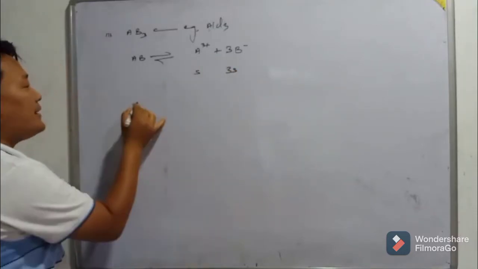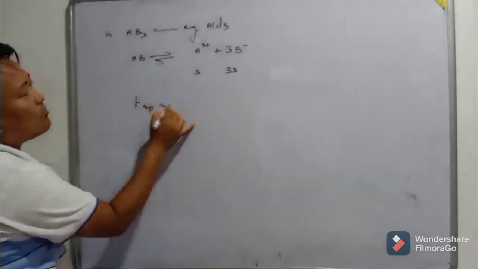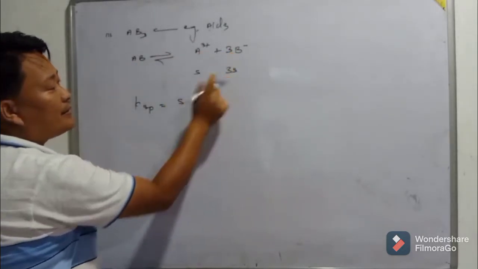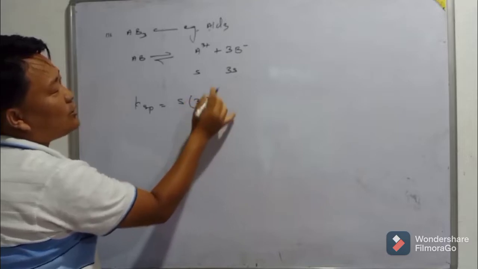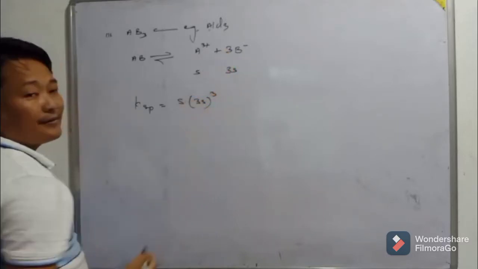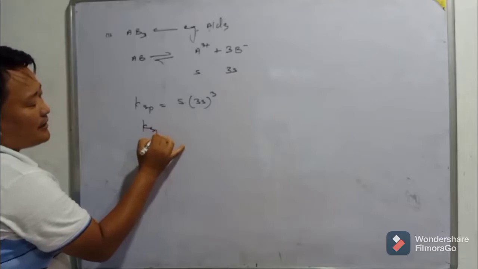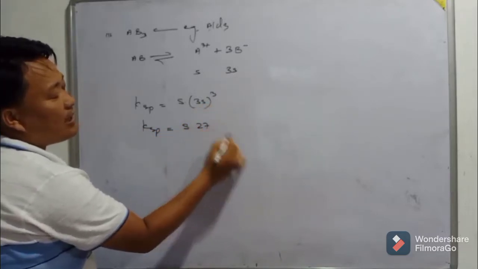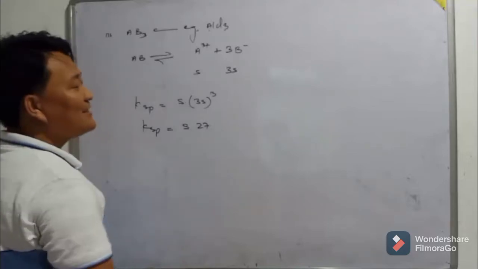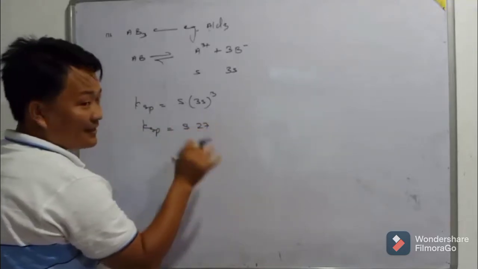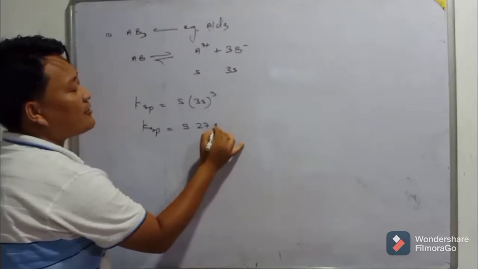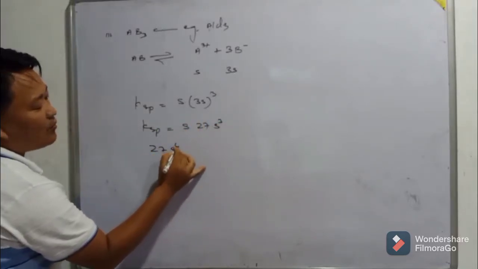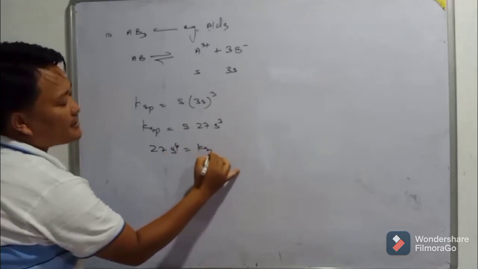Now see, your KSP is equal to S for the A, and for the B 3S to the power of the coefficient, which is 3. Then KSP is equal to S times 27, since 3 times 3 times 3 is 27, so 27 S to the power 4 equals KSP.